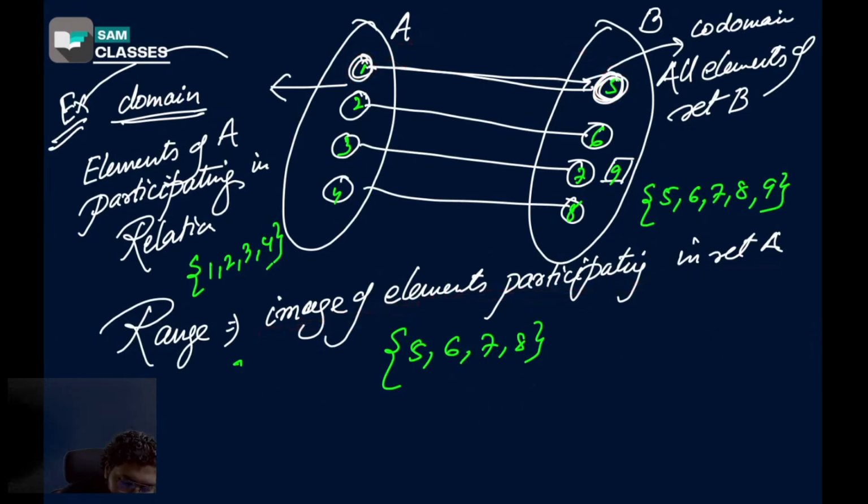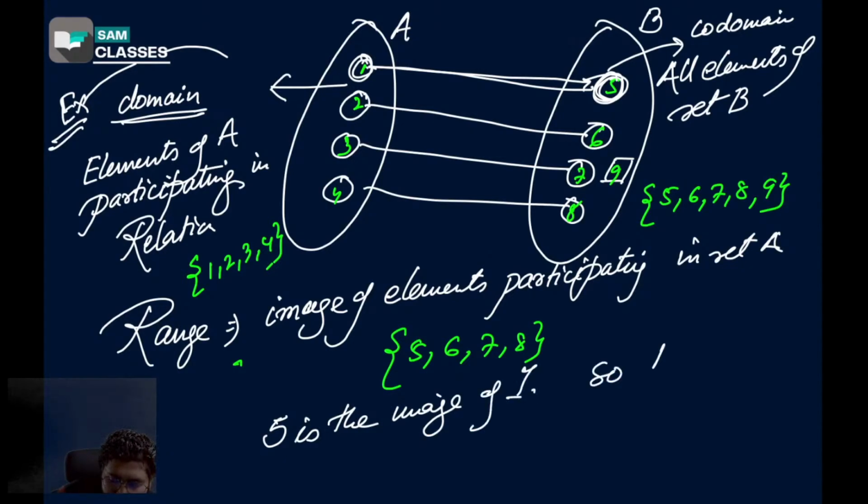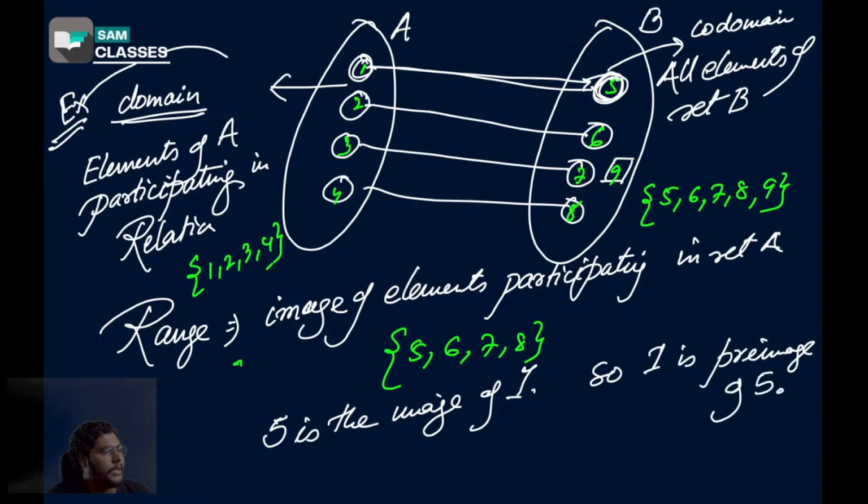Write down: 5 is the image of 1, so 1 is the pre-image of 5. Clear, everyone? Yes or no in the chat section, fast. Come on everybody, you can do it. Okay, write down this part.